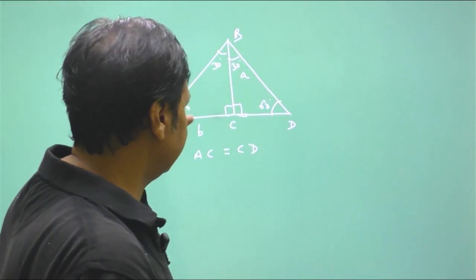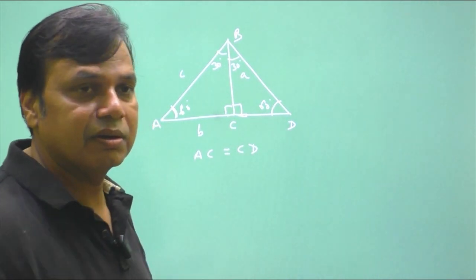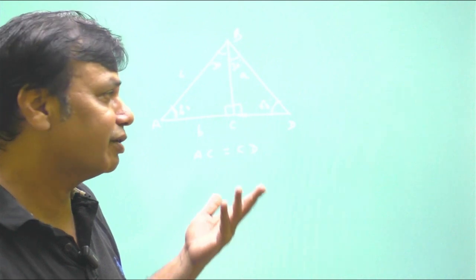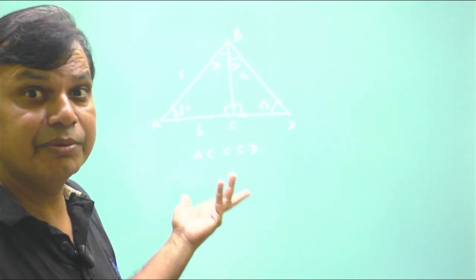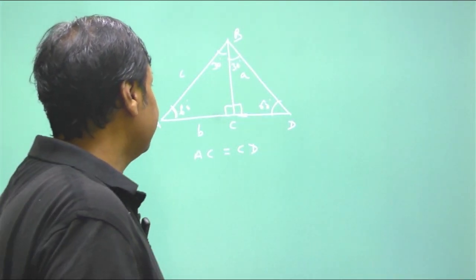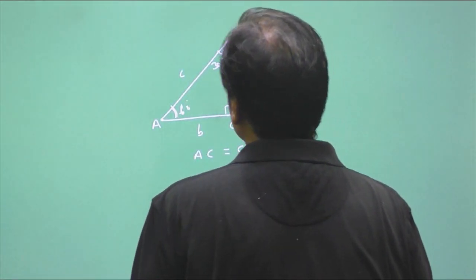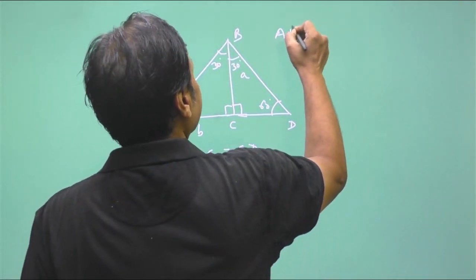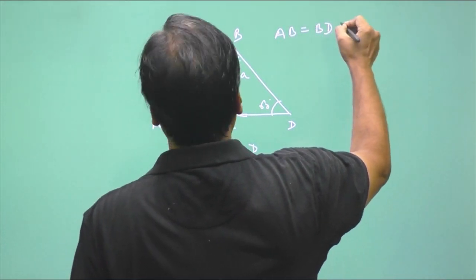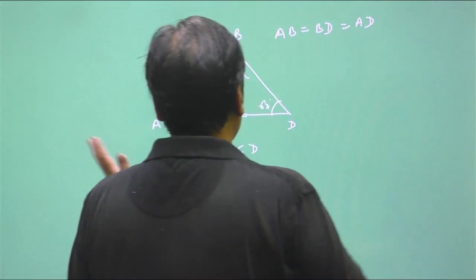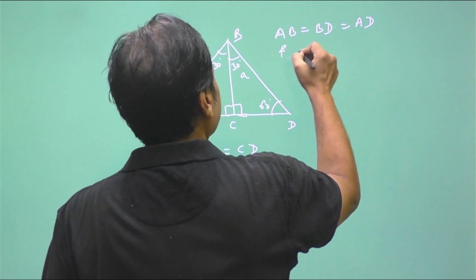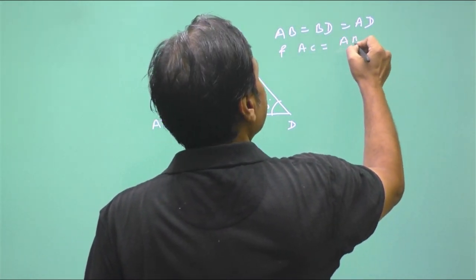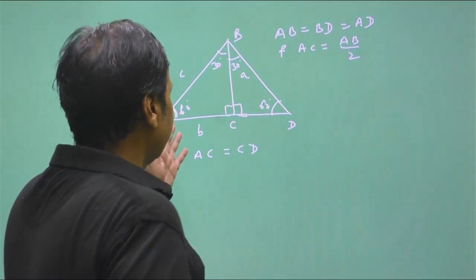So you can see, you first had a right angle triangle, and now you have an equilateral triangle. All angles are 60 degrees. That means you can write AB equals CD equals AD, all sides are equal. Also, AC is equal to CD, which is AB upon 2 or AD upon 2.